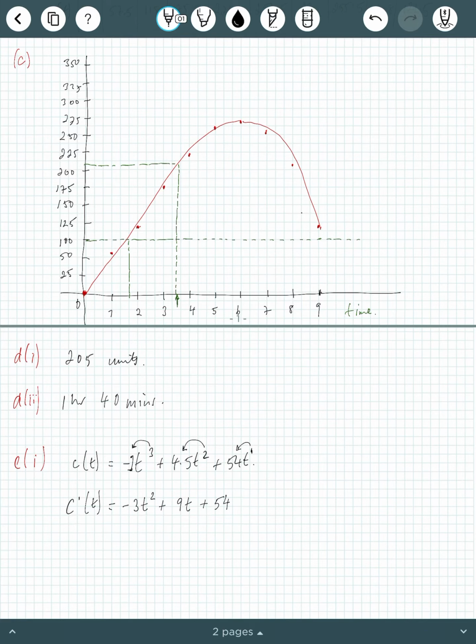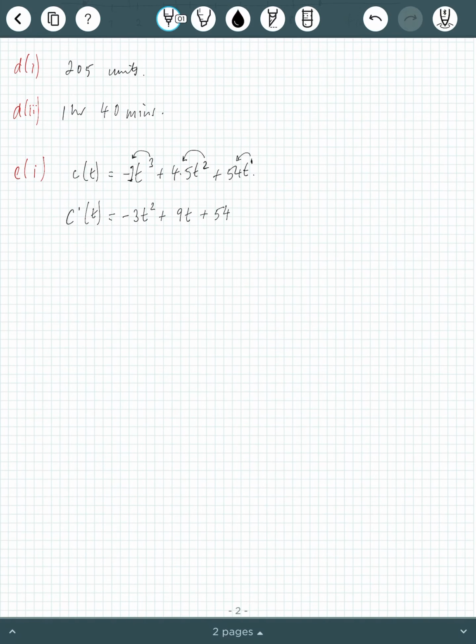Reduce the power by 1, so 1 minus 1 is 0. So t to the 0, anything to the power of 0, lads, as we know, is 1. So therefore 54 times 1 is 54. And that there, lads, is your answer. So that's that function differentiated. But as I said, I know I haven't taught you this yet, but for the sake of completing the question, I'll do it now with you.